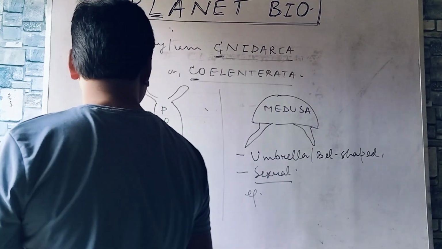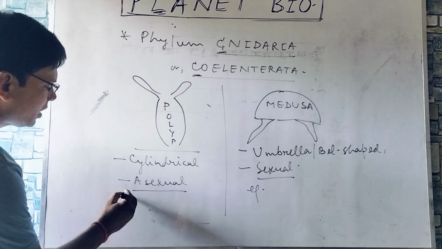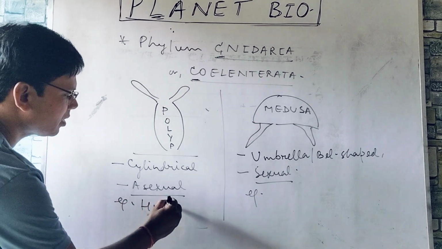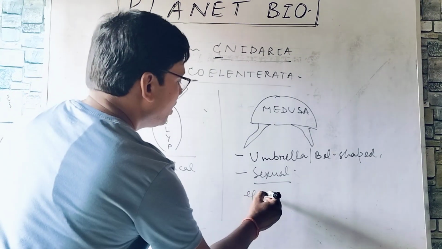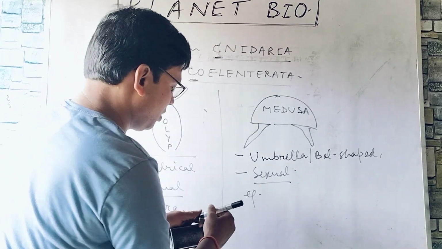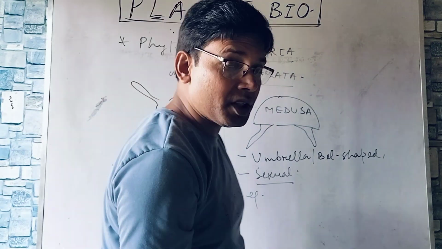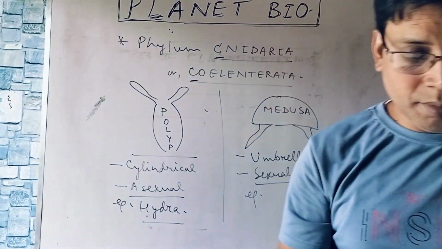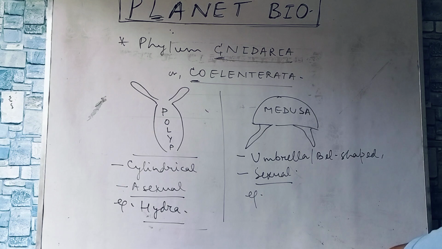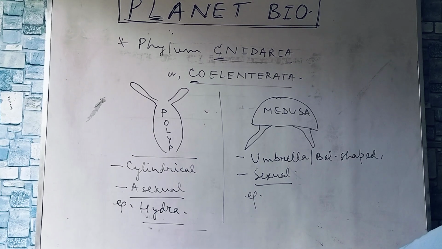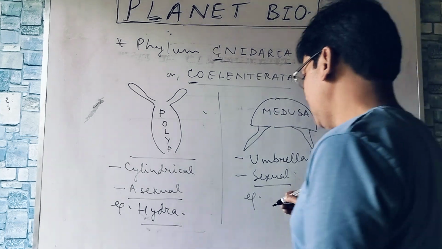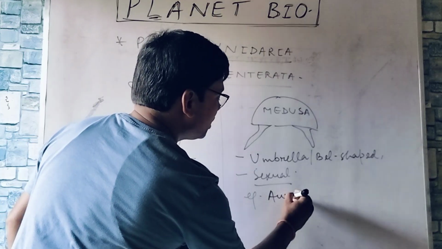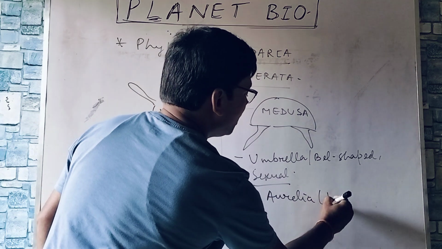First we should write for polyp. Example Hydra, the best example. And here example is, you can say it is also called jellyfish. Can you tell me the name? Jellyfish. Aurelia is the biological name, and the common name is jellyfish.